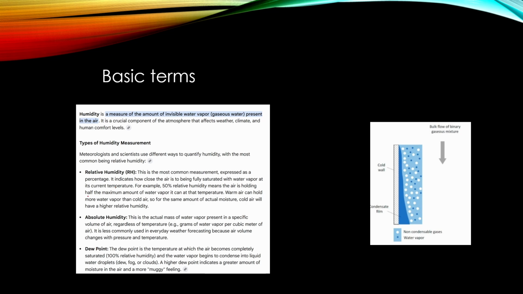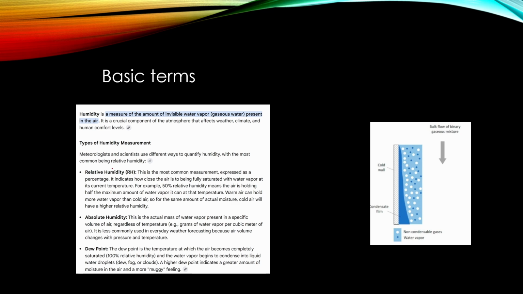We are using two different kinds of humidity terms, and if we start from absolute humidity, it is a measure of how much water vapor we have in a specific volume of air. So it is grams of water vapor per cubic meter of air.